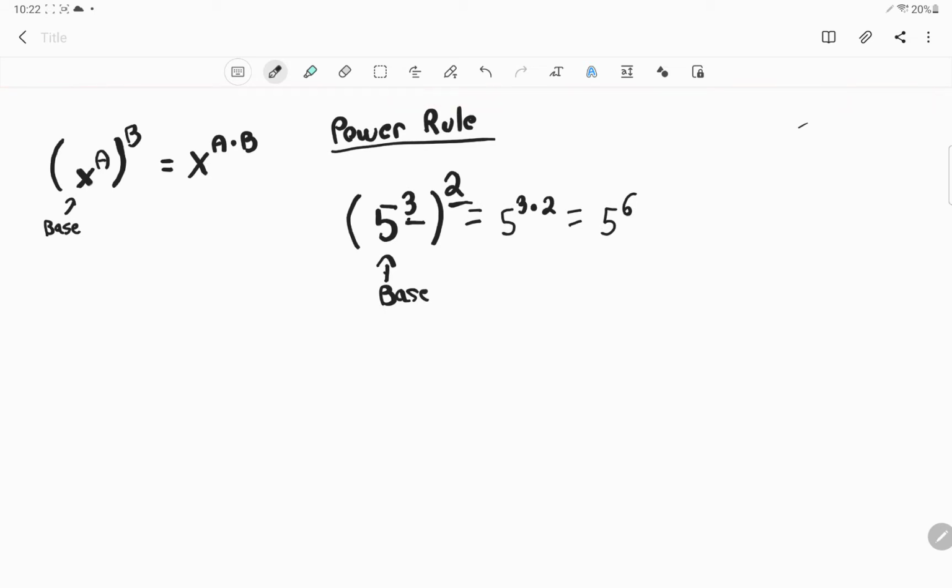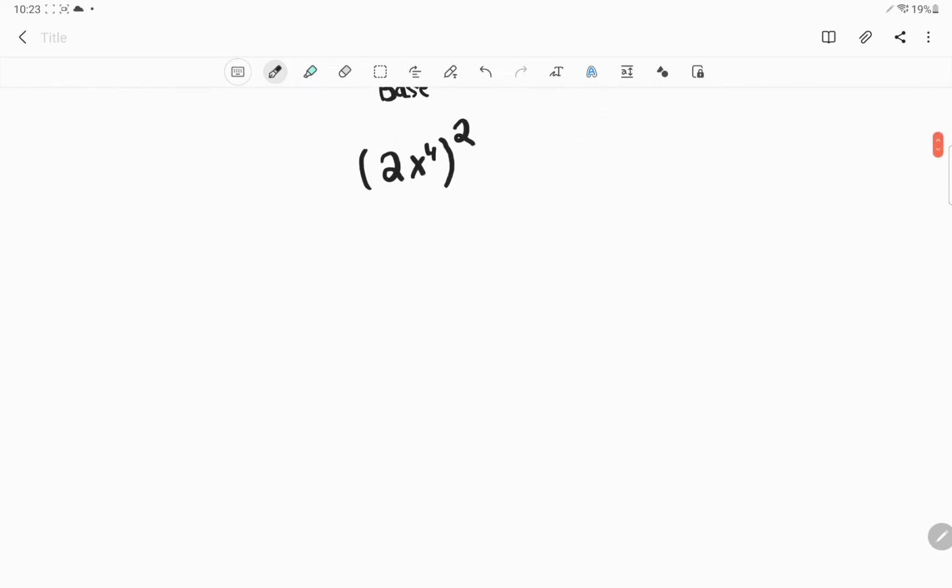Now I'm going to give you a different example, and this one might be a little tricky. I'm going to give you (2x)^4, and on the outside, I'm going to have the power of 2. You might be asking, this doesn't look like the problem that we just did, right? You have a number in front of your variable.